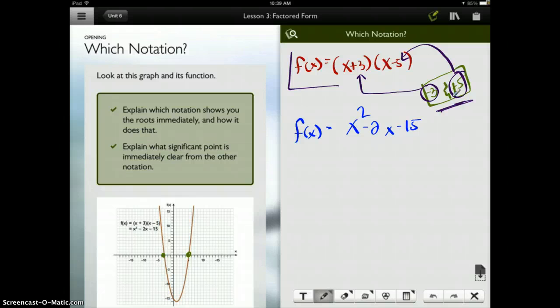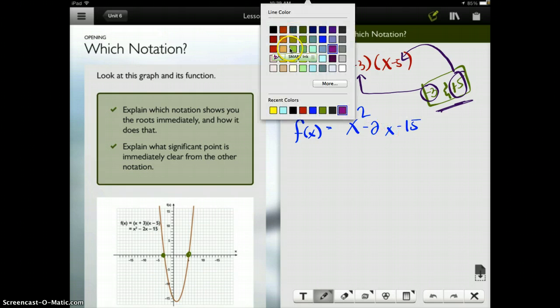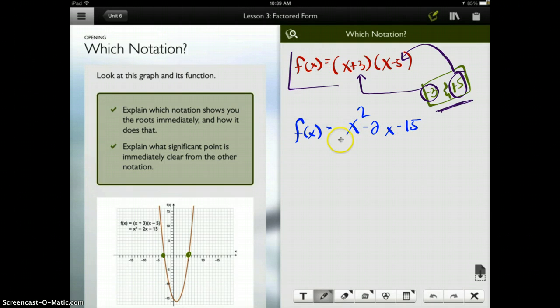Now, the second question: explain what significant point is immediately clear from the other notation. From this notation, is there anything that I know right away? I have an x squared plus bx plus c.